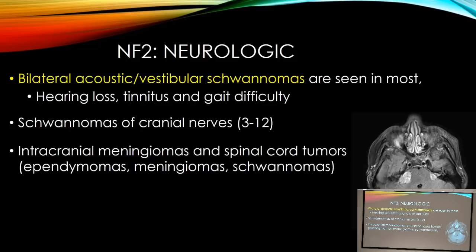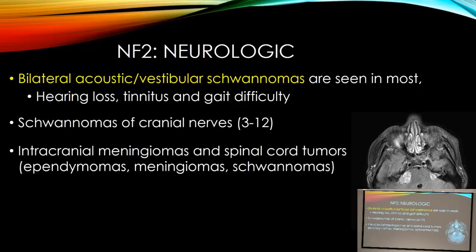If the patient has bilateral vestibular schwannomas, you want to assume they have NF2, certainly until proven otherwise. Now these can develop along other cranial nerves that are myelinated by Schwann cells. So 3 through 12 can all have these schwannomas. I think the facial nerve would probably be the next most common one involved, but 8 is most characteristic.